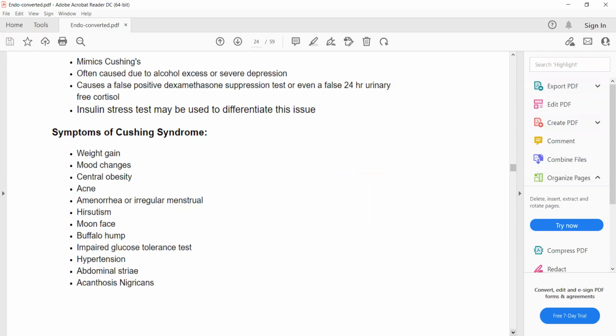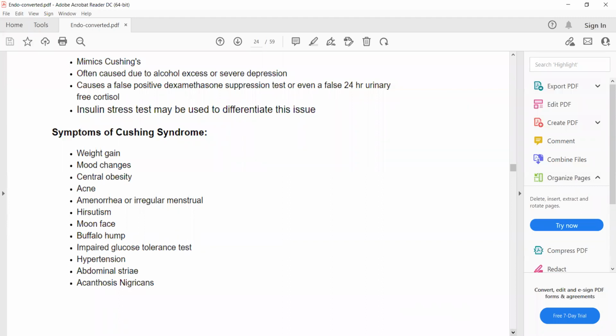So whenever there is increased activity of aldosterone, what will happen? Increased reabsorption of sodium will occur, and increased reabsorption of sodium will lead to increased reabsorption of water and increased excretion of potassium and hydrogen ion.